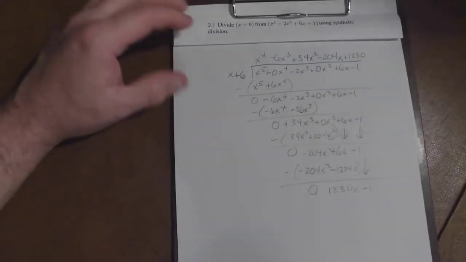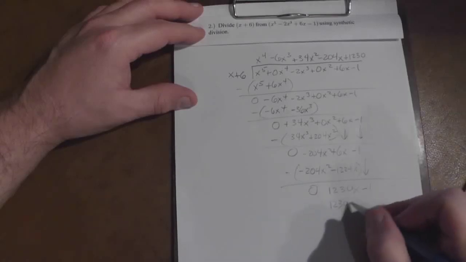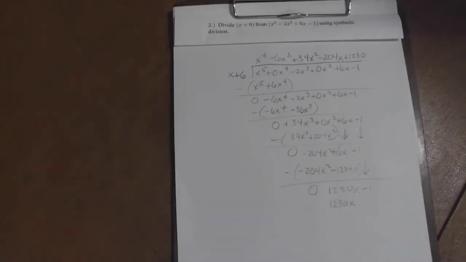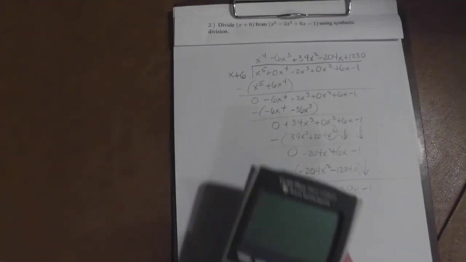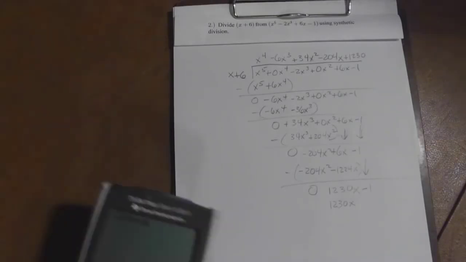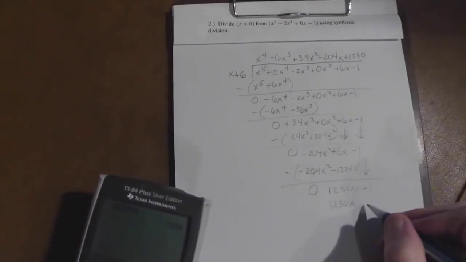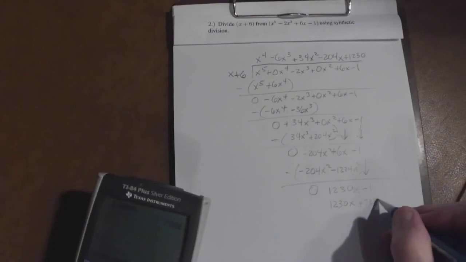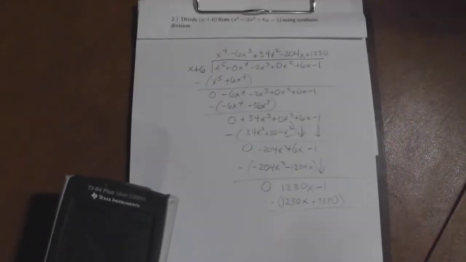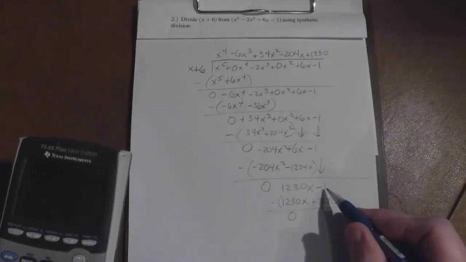Well, that would be plus 1,230. 1,230 times x is 1,230x, and then 1,230 times 6. Now that I will go ahead and break out a calculator for. 1,230 times 6 is 7,380. So this would be plus 7,380. We're going to finally subtract that from above.